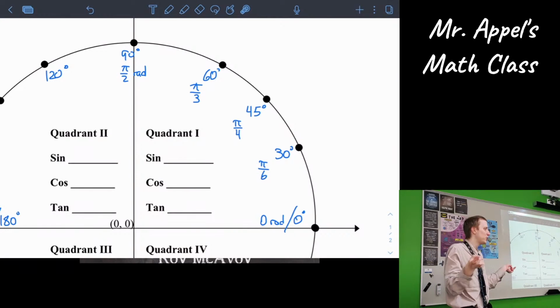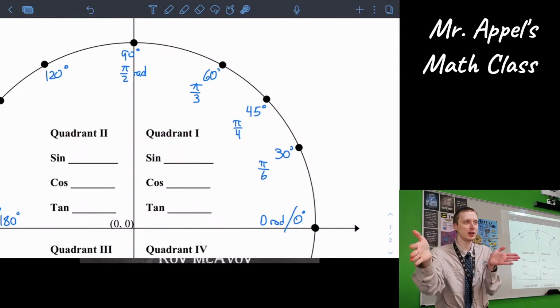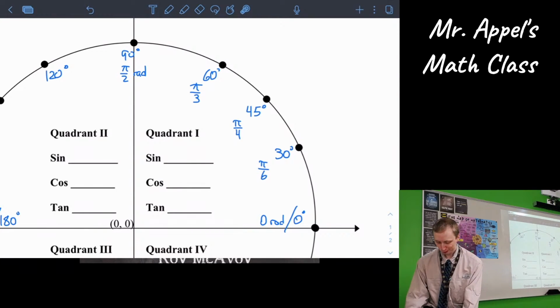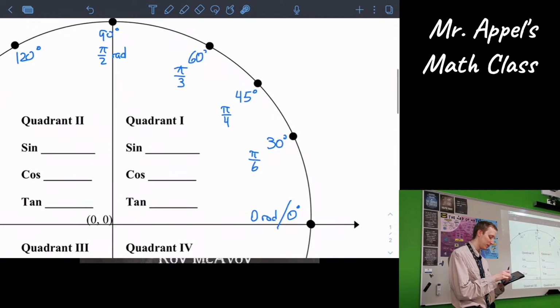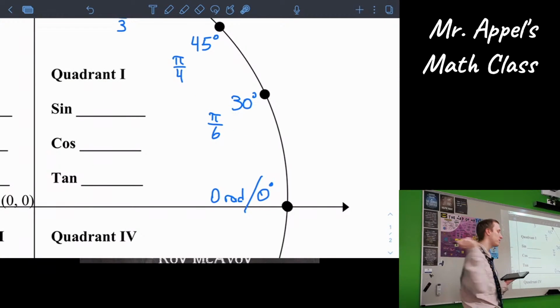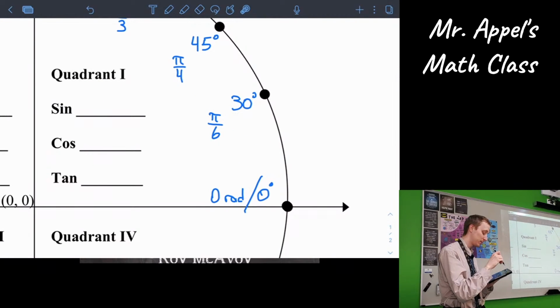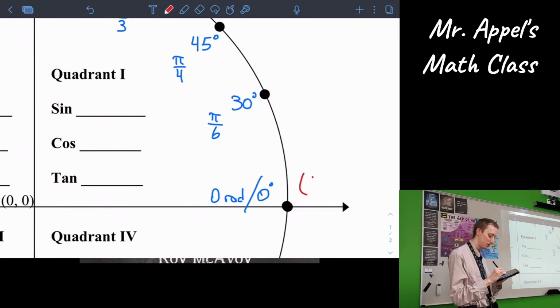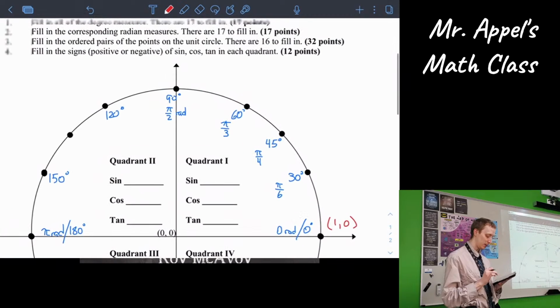Whatever units of measure you use, inches, centimeters, whatever your distance units are, we have one of those, 1 unit. So if our radius is 1, and you just head out 1 unit on the x-axis, your coordinates will be 1, 0. And straight up the y-axis is 0, 1.